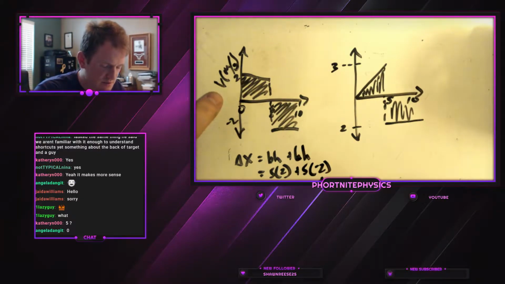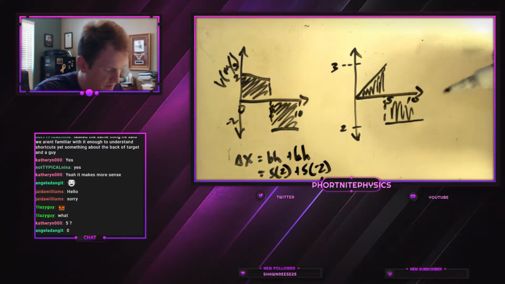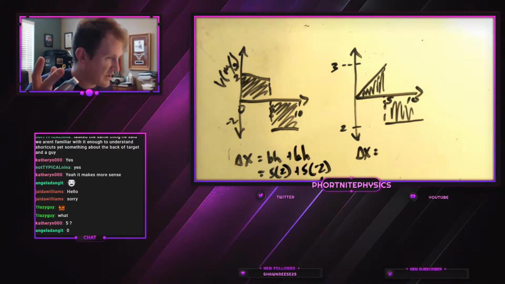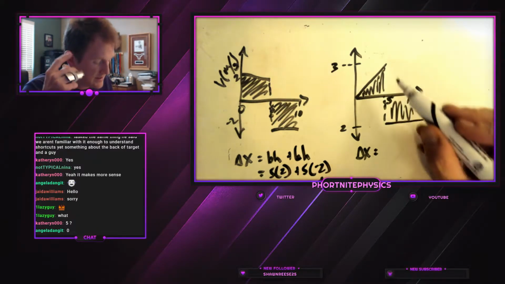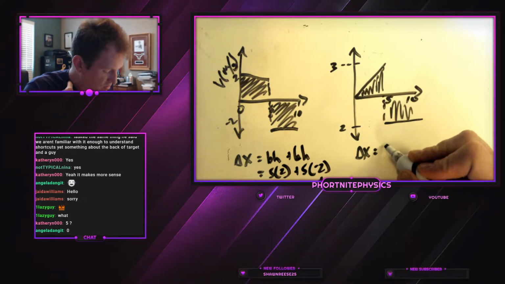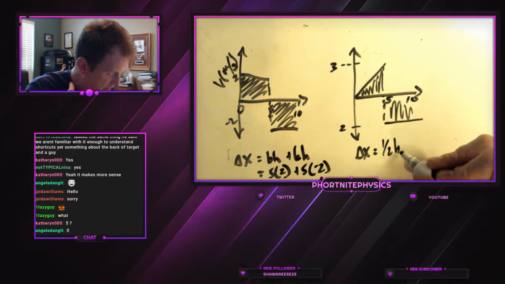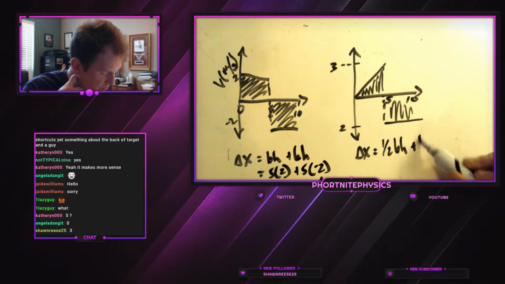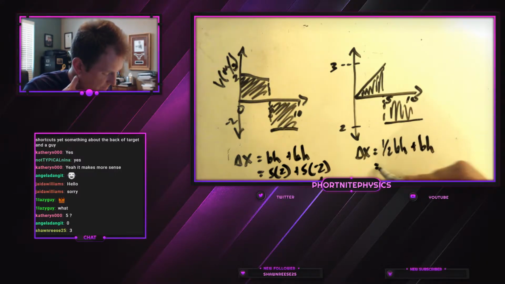Okay, that one's a little easy to guess just because these two things look the same and they're right next to each other. But this one might be a little more difficult. Same kind of calculation, but we have a triangle, and the area of a triangle is 1/2 the base times the height, and then here's our rectangle down here, plus a base times a height.